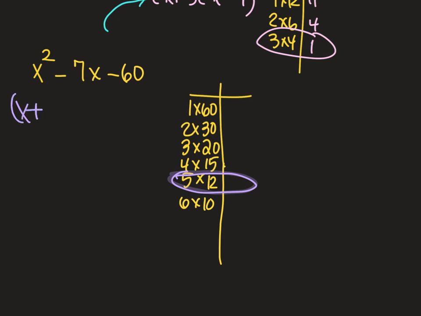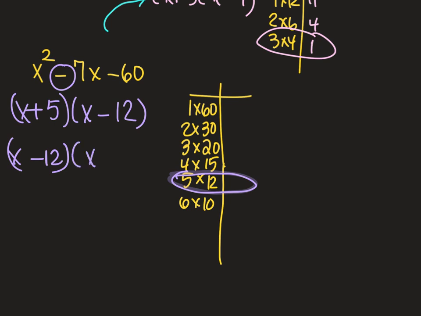So I know I have one of each. The bigger factor is negative, so 12 goes here, 5 goes here. Now could you write x minus 12 first, x plus 5 second? Sure. There's nothing that says you have to have the plus parentheses first. As long as you have 12 with the negative sign, because outer and inner have to subtract to get a negative 7, not a positive 7.